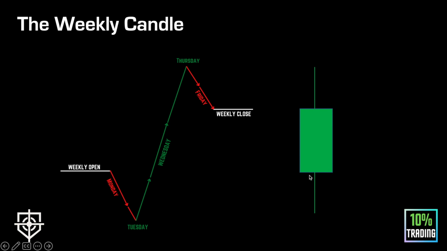So when we see this wick on our weekly candle, we know that down here, this is where the low was made. And the low won't be made on Monday and Tuesday every time. Of course, I know I'm telling you guys, but it's not a given. And we'll get into that. And then on the opposite end, for this example, Thursday made the high of the week. And then, of course, we traded back in on the Friday, and the weekly close happened here.